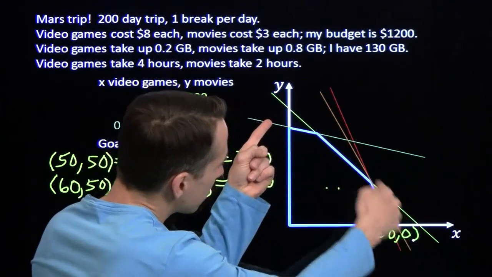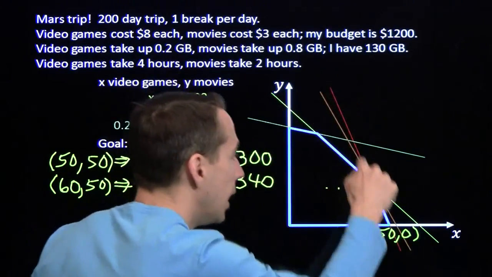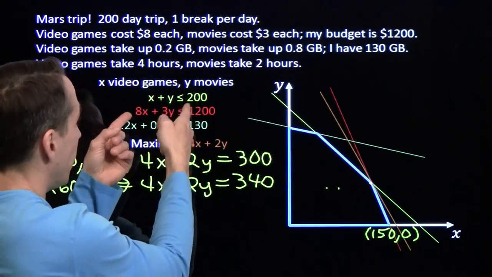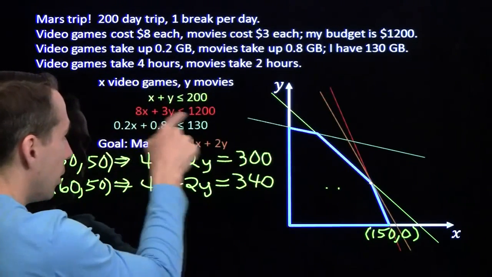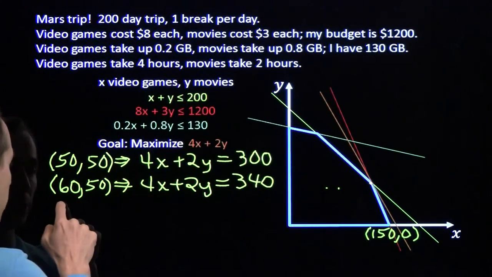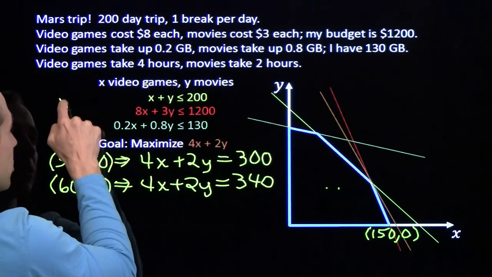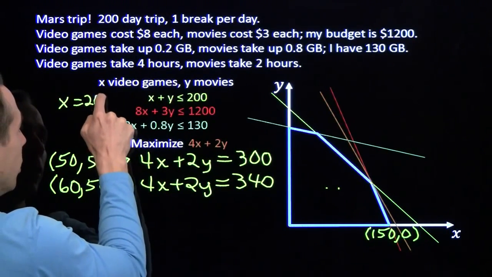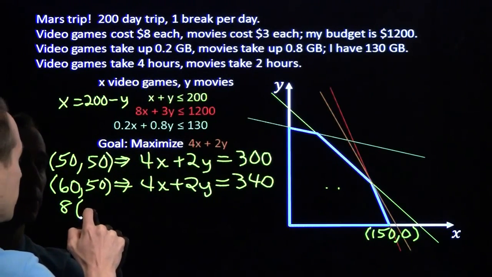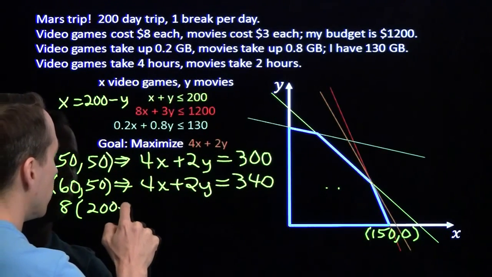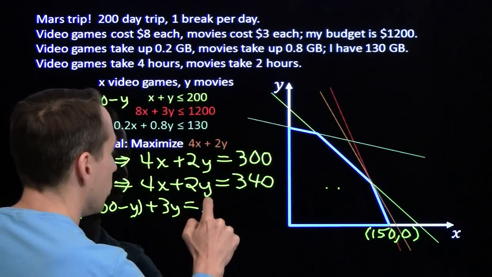And then this corner point right here comes from the intersection of the yellow and the red line. The yellow is x plus y is 200. I can find the intersection of that with the red line with a little substitution. We can solve this for x, x is 200 minus y. Substitute in down there. We get 8 times 200 minus y plus 3y equals 1200.